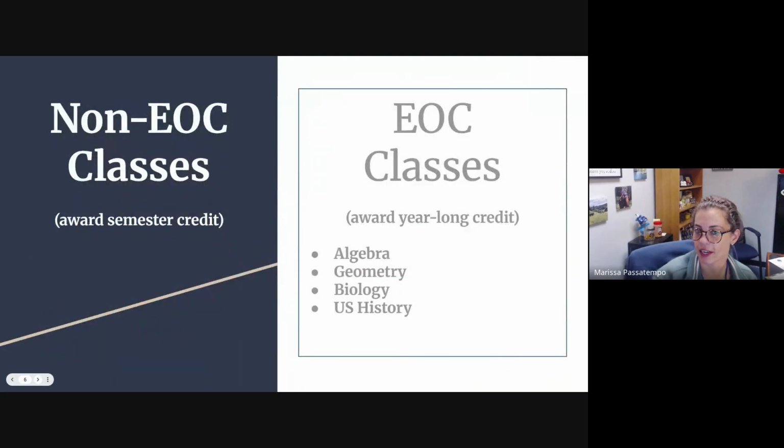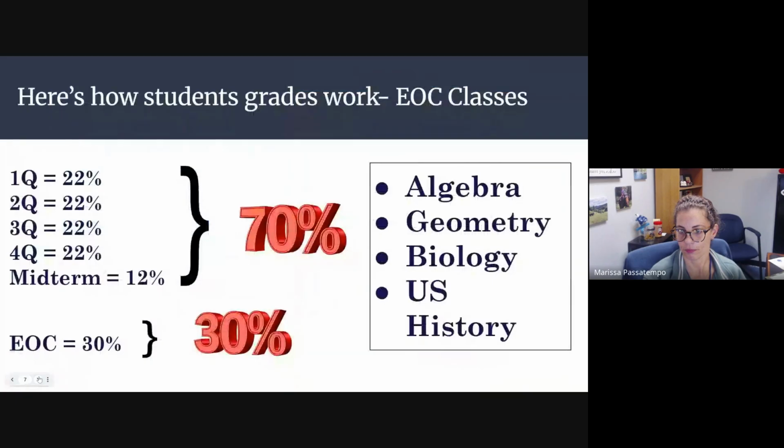EOCs are calculated a little bit differently. We have 4 EOCs: Algebra 1, Geometry, Biology, and U.S. History. Here's the breakdown on how they are calculated. Quarter 1 is 22% of their full year grade. Quarter 2 is another 22%. Quarter 3, 22%. And quarter 4, 22%.